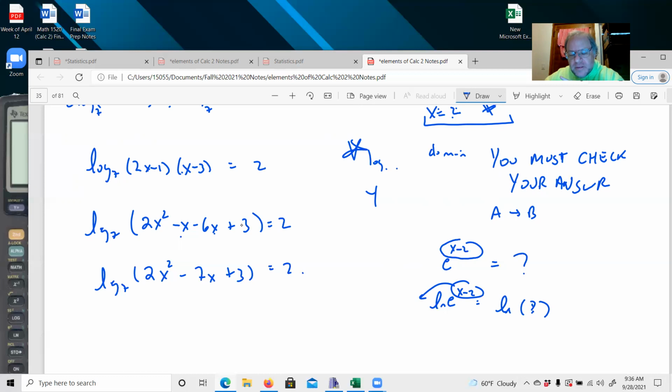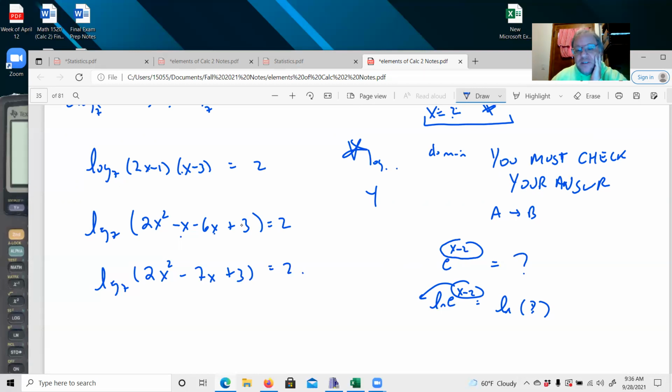Logarithms and exponents are inverse functions, so they undo each other, kind of like square roots and squares. How do you think we're going to get the variables outside of the logarithm? We're going to need some kind of an exponent. What's the base? The base is 7.